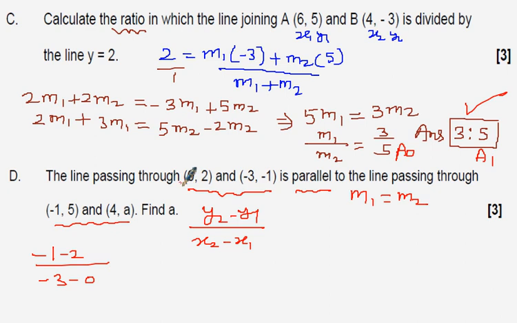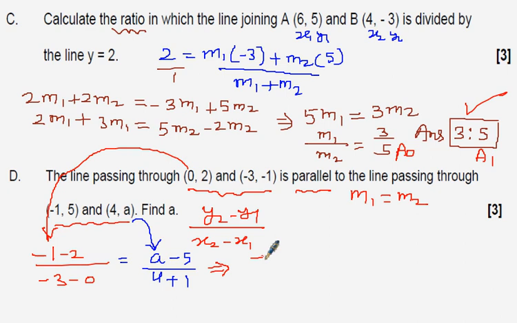This is for the first thing. Now for second, you can equate them. Second, you find here, you can write a minus 5 upon 4 minus minus 1, so it will become plus 1. When you solve it, you will get minus 3 upon minus 3 is a minus 5 upon 5.